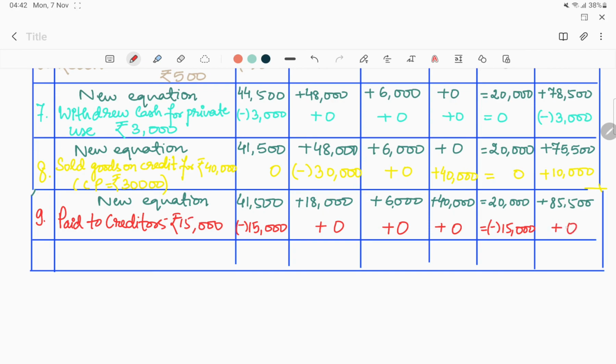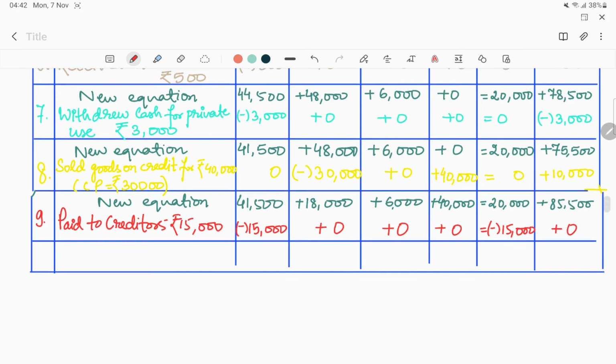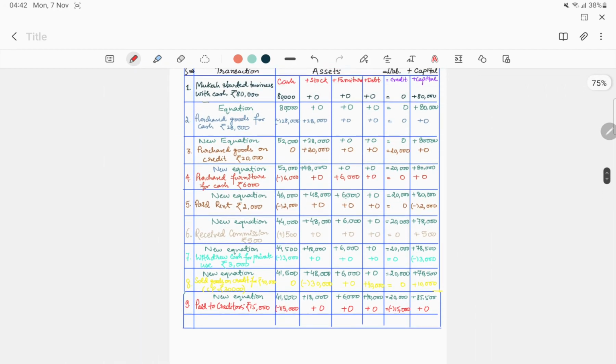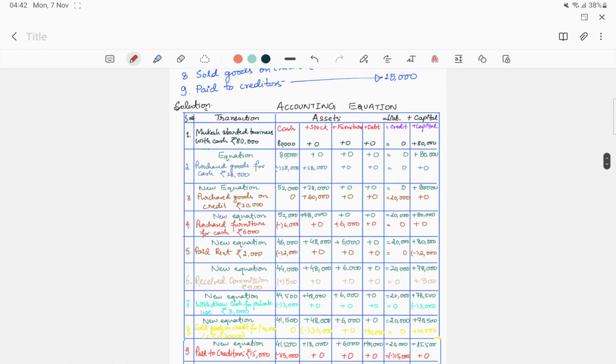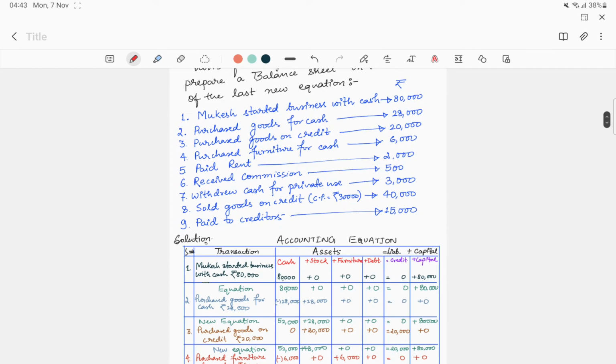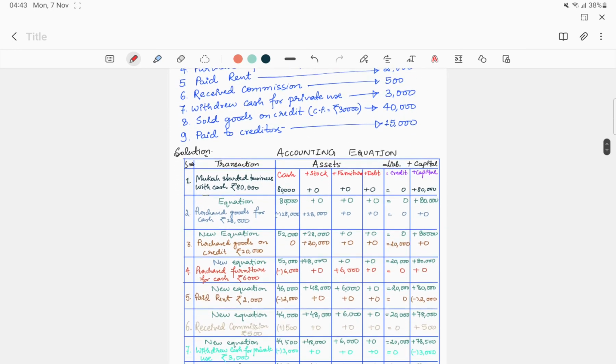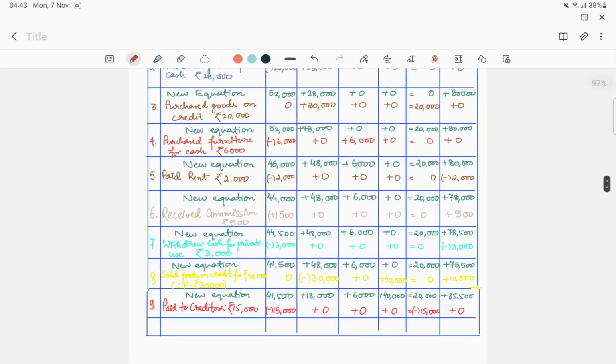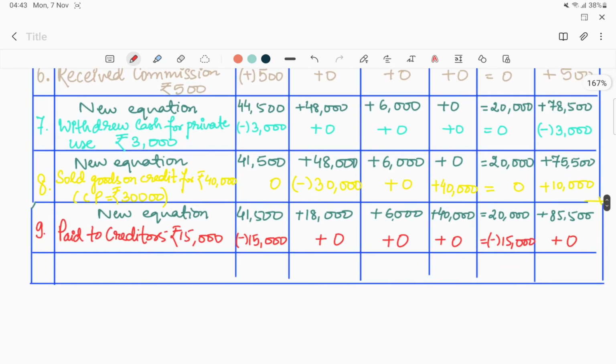No change in capital. So these are the total transactions, and we have created the accounting equation for each transaction.